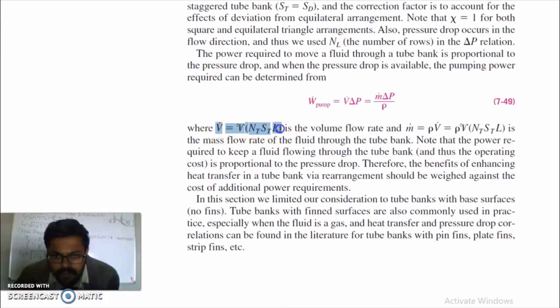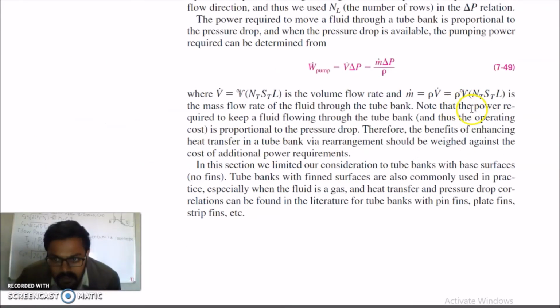So this is your volume flow rate. The power required to keep the fluid flowing through the tube bank is proportional to the pressure drop. Therefore, the benefits of enhancing heat transfer in a tube bank by rearrangement should be weighed against the cost of additional power requirements.